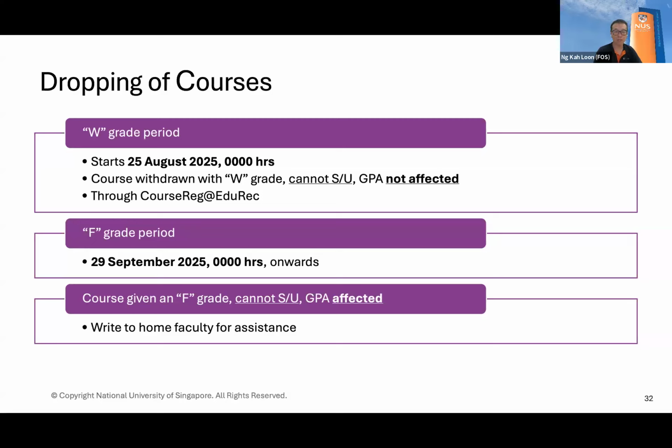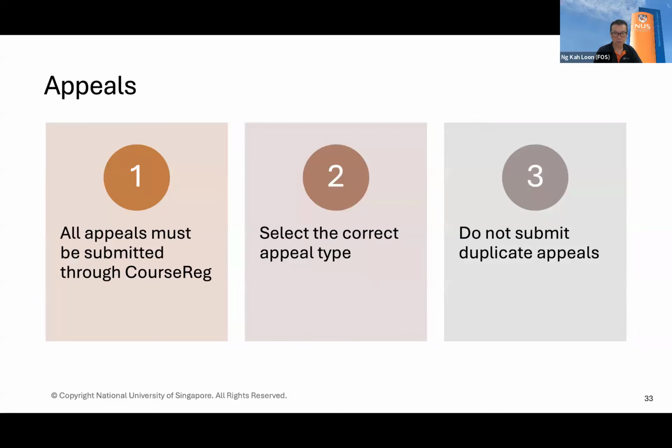All right. While it is okay to register for a course and see if it is really something you want to do, if you have to drop it, make sure you drop it early. Do not drag this till too late into the semester. In doing CourseRec, there will be times where you need to submit appeals because you may not get all the things that you want each time, not just in terms of the courses, but sometimes also in terms of the tutorial groups or the lab groups.